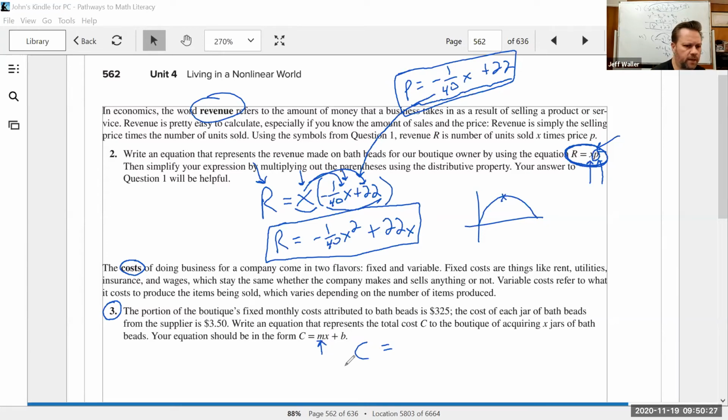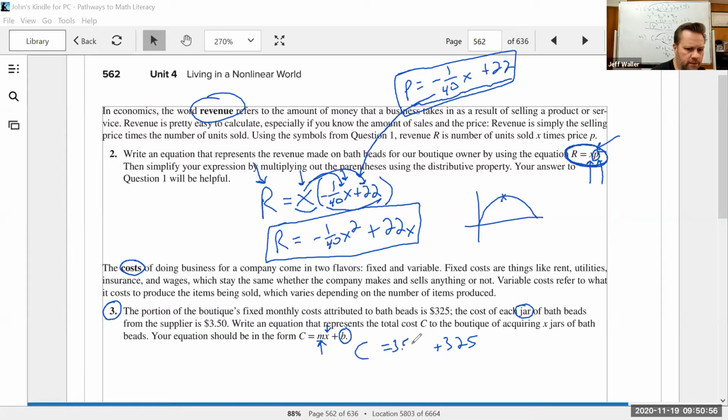What do I have to pay even if I don't make any bath beads? 325. Yes. So that's the fixed cost. That's the cost that does not depend on x. I've got to pay 325 no matter what. Now, how much more do I have to pay per jar? $3.50.